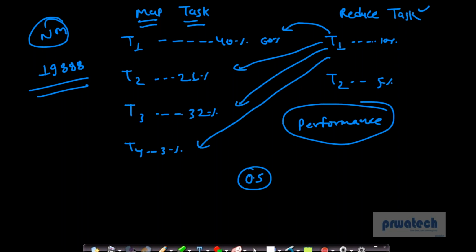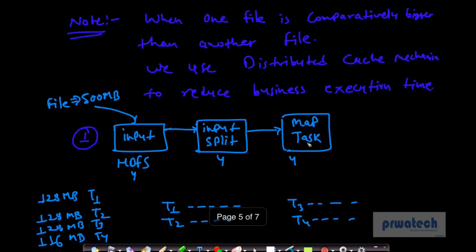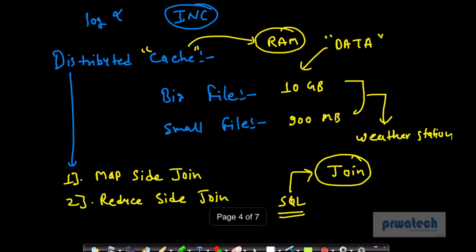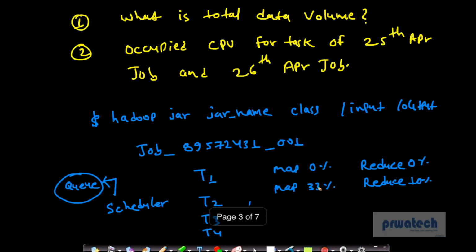Here, 4 map tasks are there, T1, T2, T3, T4, and where will this output be stored, guys? When an individual mapper is done, when my first task is completed 100%, when my second task is also completed 100%, or whatever spilling is there, you see this point, mapper 33%, reducer 10%.